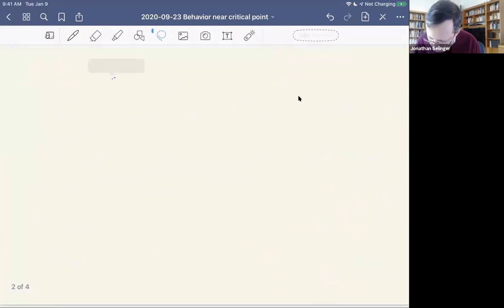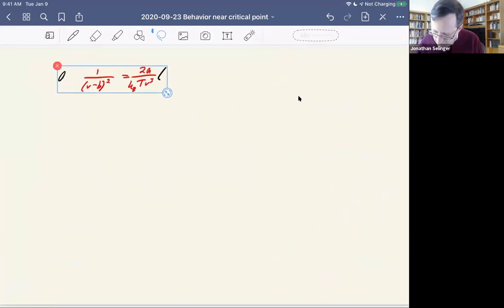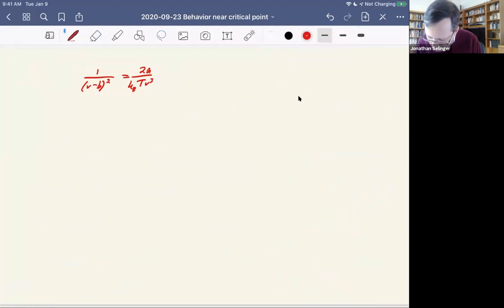Okay, so paste. All right, so if I have this equation and I put in what we just found for volume, the critical volume is 3b. So this makes v minus b is 2b.